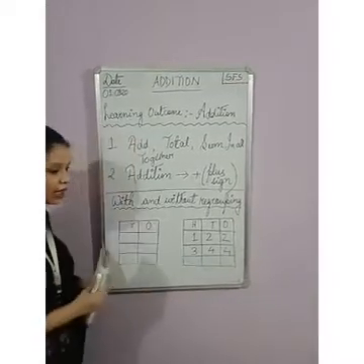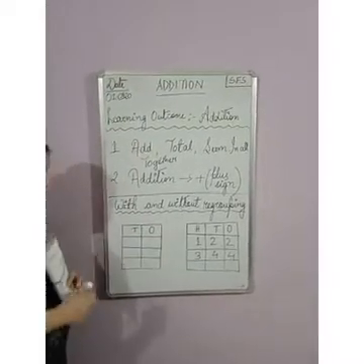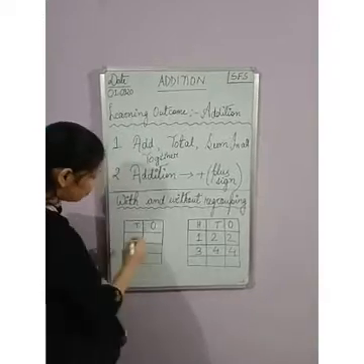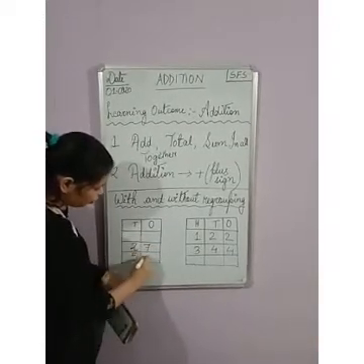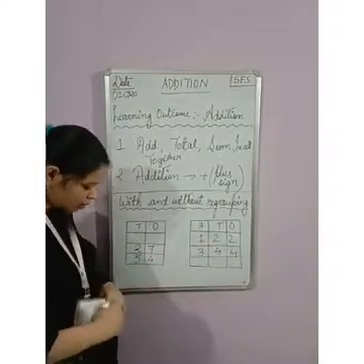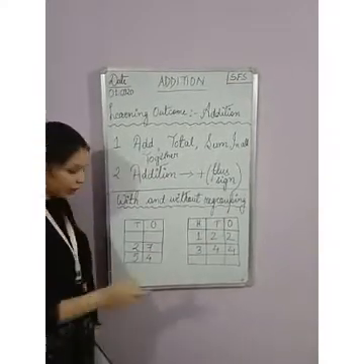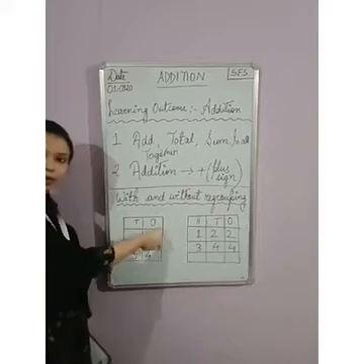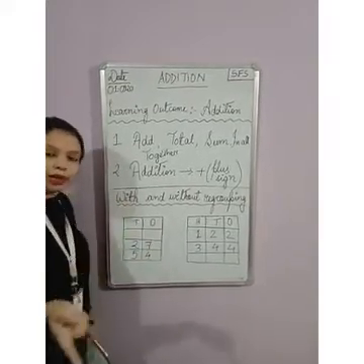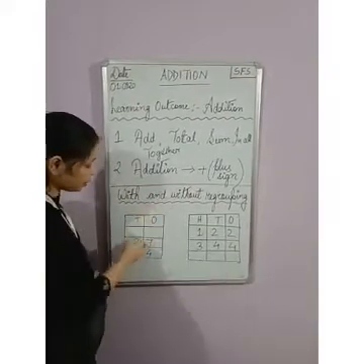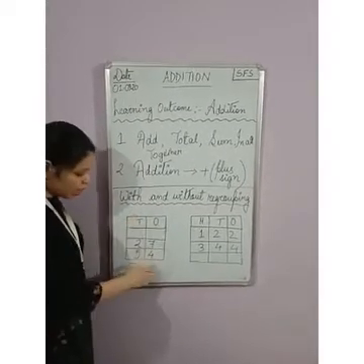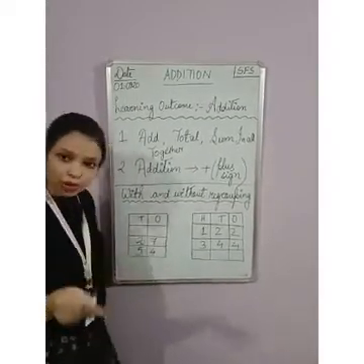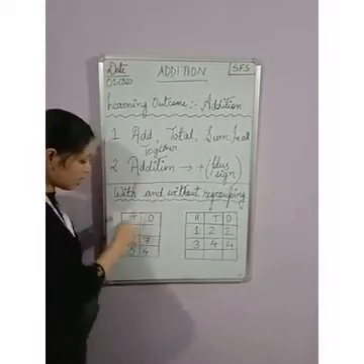Now I have taken 2 examples here. Suppose I put here the numbers 27 and 54. For regrouping, I am keeping one blank row here. Why am I keeping it? To show the number that is passed from ones to tens. That is for a 2-digit number, which has ones and tens.